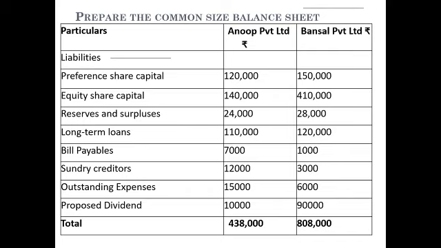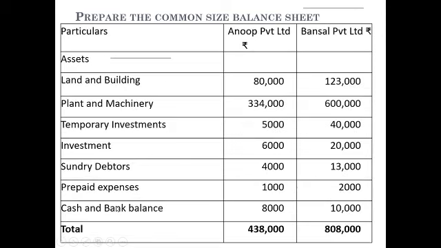If you make bifurcation here, preference share capital, equity, and reserve are in one group, one category. Long-term loan is a long-term liability, and the remaining four items are current liabilities.